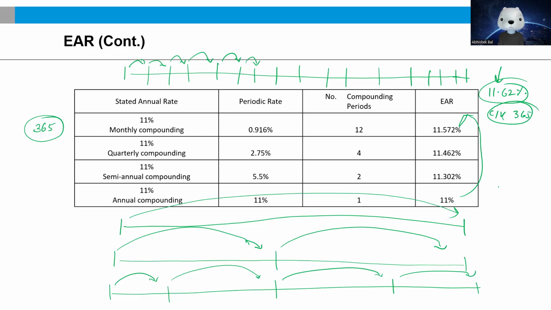Well, think of it. As you go on increasing the compounding period, the periodic interest rate also reduces proportionately. So the annual interest rate, obviously, is going to be the highest. But as you go from annual compounding to semi-annual to quarterly to monthly, further to daily, of course, the periodic interest rate will reduce drastically.